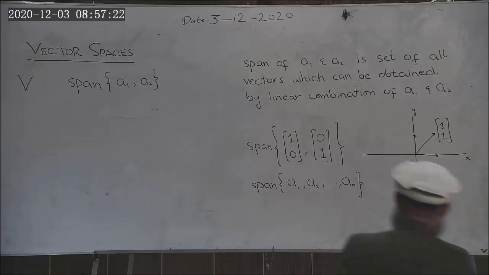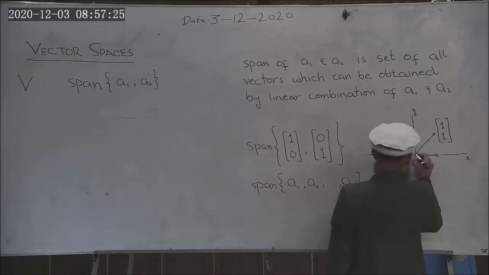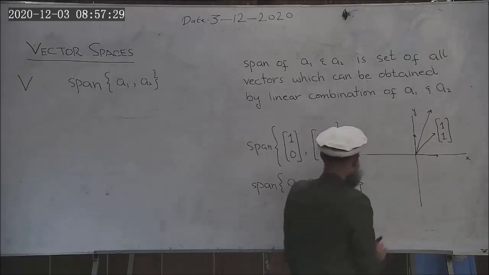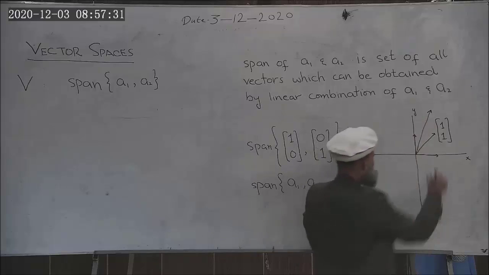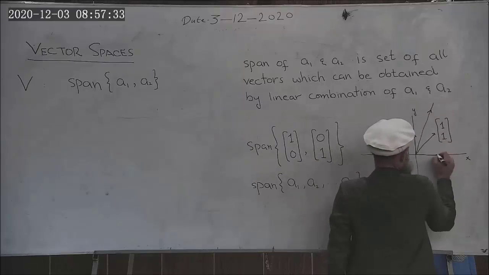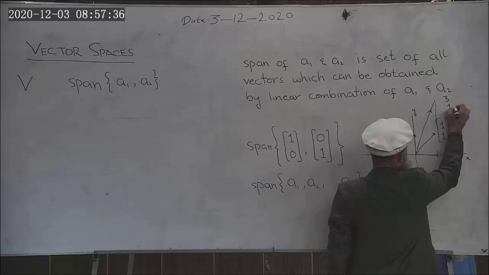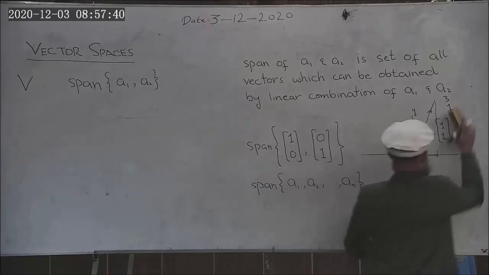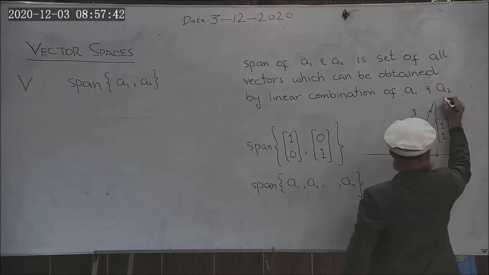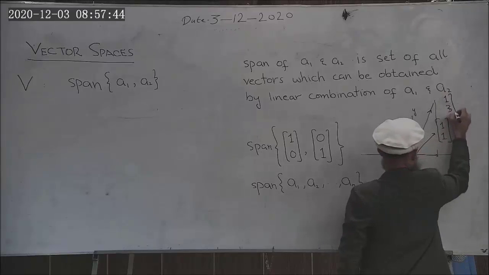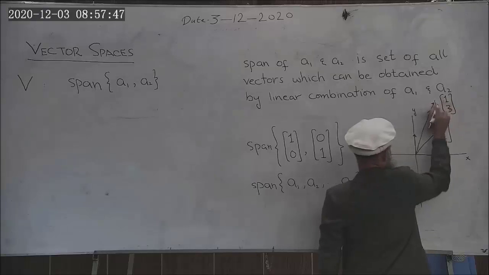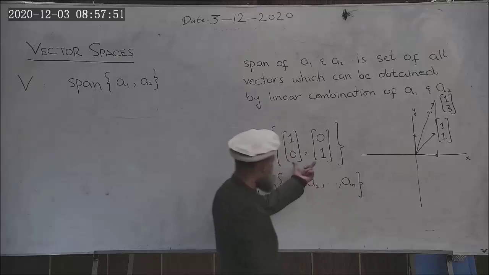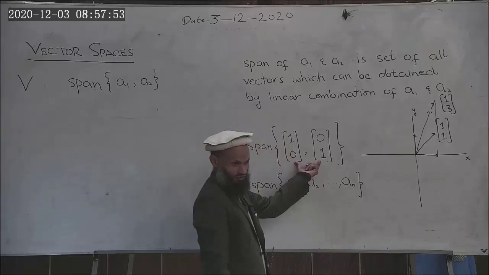No, it will not coincide. This vector also we can generate. How can we generate it? For example, this is here 3 1, sorry, 1 3. This vector is 1 3, and this vector can also be obtained by linear combination of these two vectors.